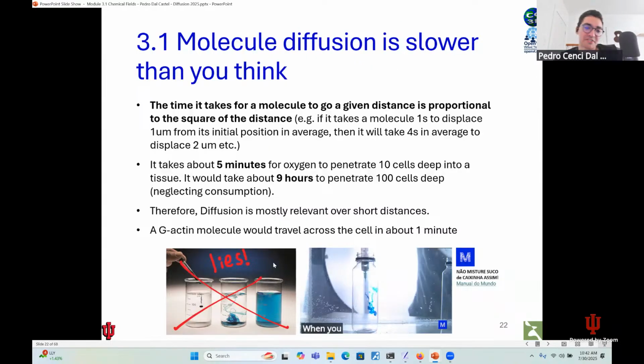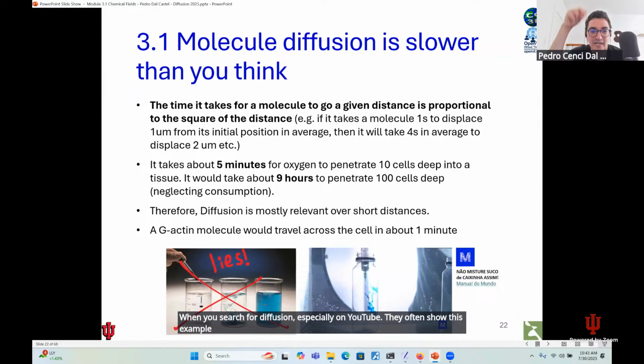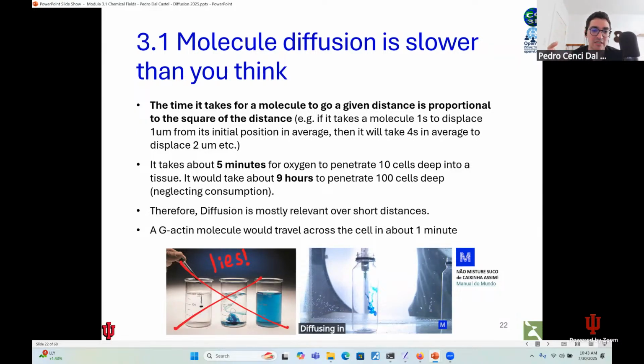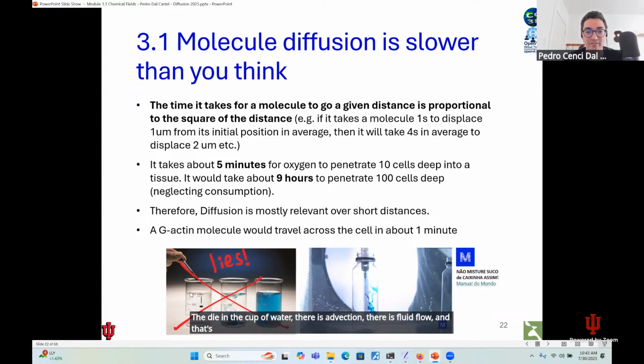When you search for diffusion, especially on YouTube, they often show this example of a dye droplet diffusing in a cup of water. This is incorrect because when you drop the dye in the cup of water, there is advection, there is fluid flow, and that's what's driving the mixing of the dye in water.